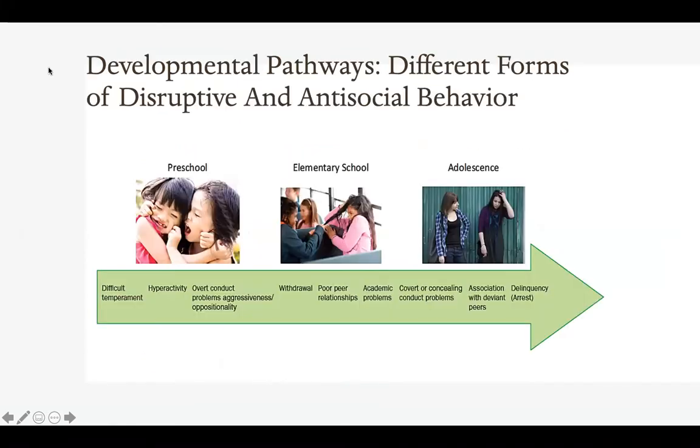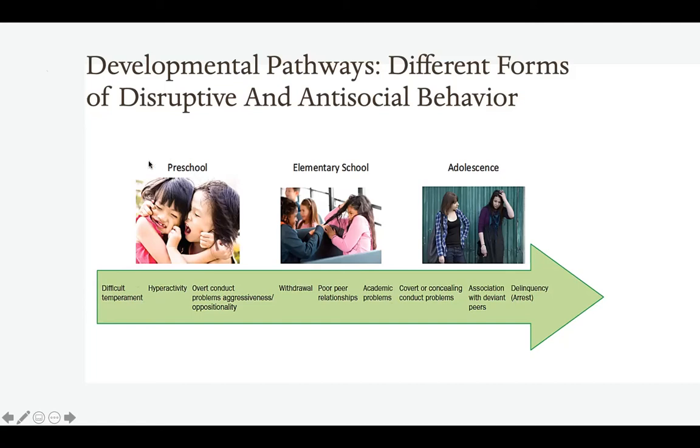Okay, let's take a look at the developmental pathway, where it starts and how it progresses over time. We can see that there are some different forms of what's considered disruptive and antisocial behavior. The earliest sign of disruptive and antisocial behavior leading to conduct disorders and perhaps antisocial personality disorder is actually difficult temperament in infancy.